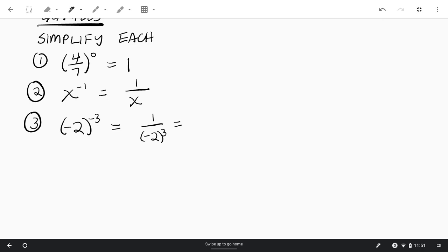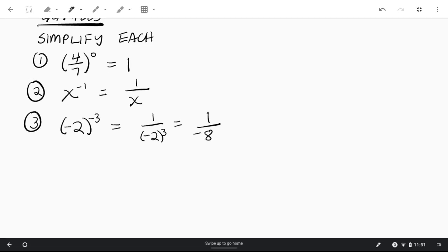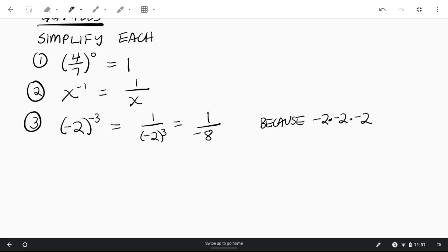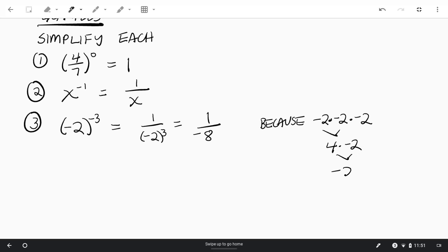What's negative 2 times negative 2 times negative 2? That would be 1 over negative 8. And it's negative 8 because we have negative 2 repeated 3 times, right? Times negative 2 times negative 2. And here, negative times negative is positive. And here we get negative 8.